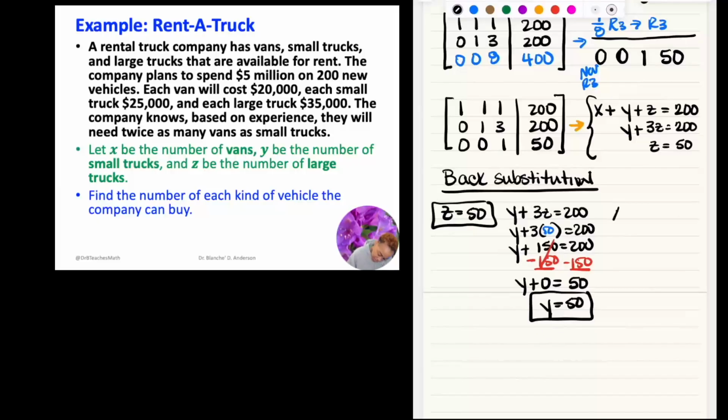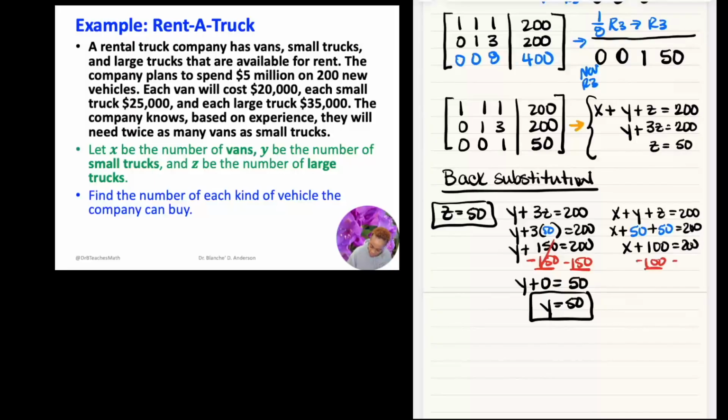And now we have x plus y plus z equals 200. x plus 50 plus 50 equals 200, right? x plus 100 equals 200. We're going to subtract 100 from both sides. That becomes 0, and 200 minus 100 is 100.